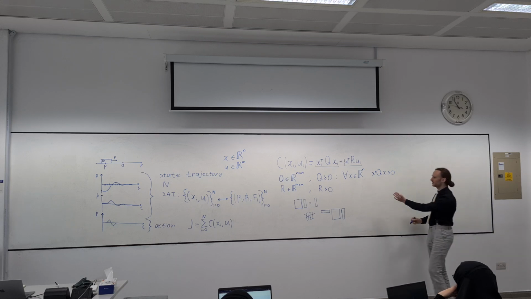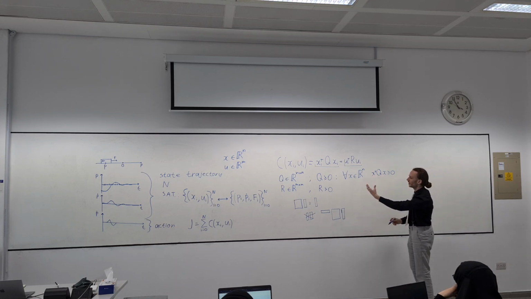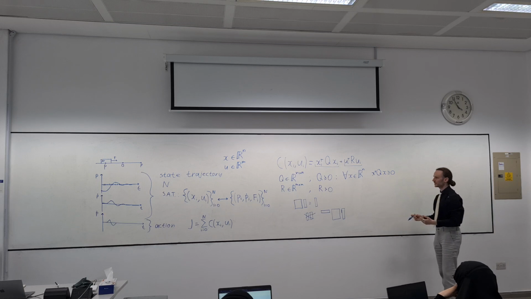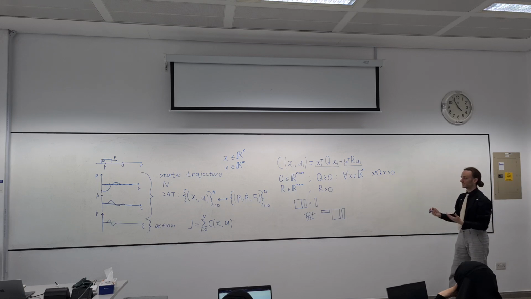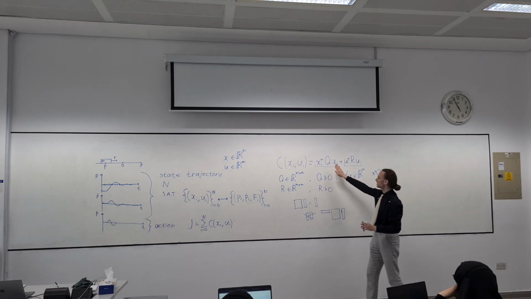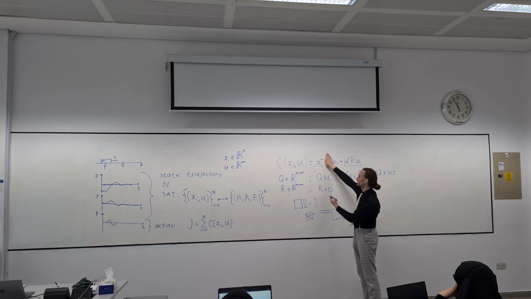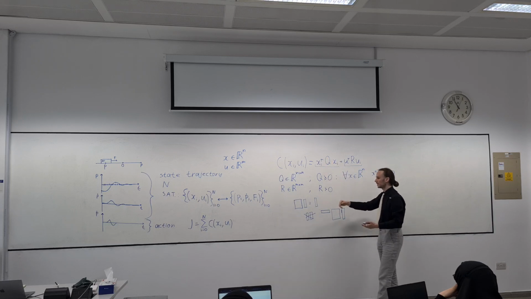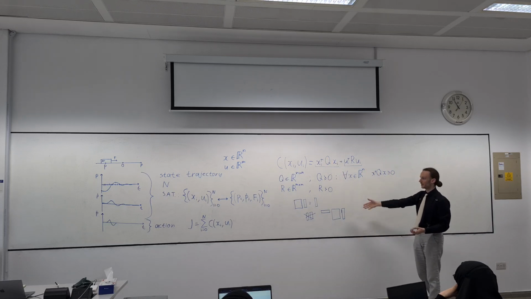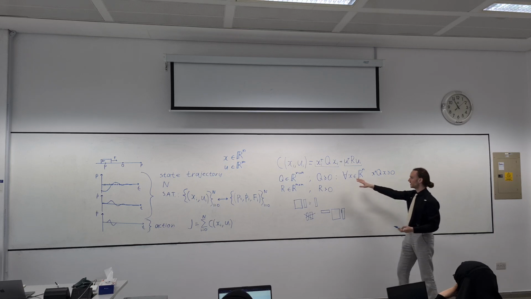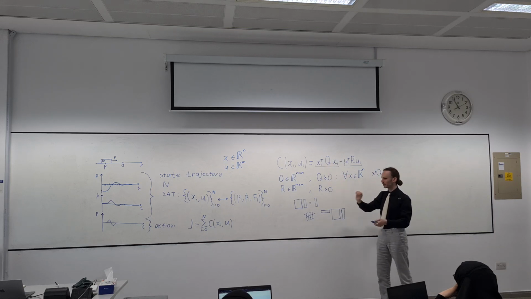So basically these matrices Q and R are the matrices that set the weights properly. If we would omit these matrices, this would be just the scalar product of the vector by itself, so it's the sum of the squares of all the entries of the vector. And with these matrices we can regulate the weights.